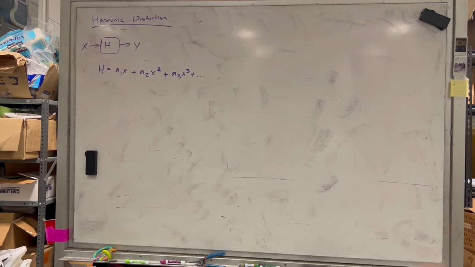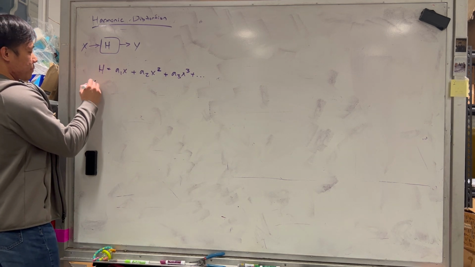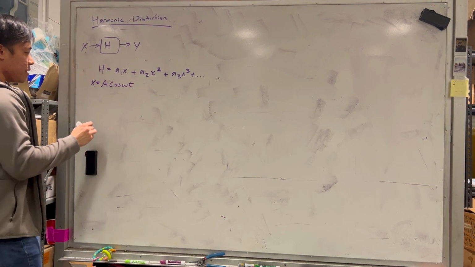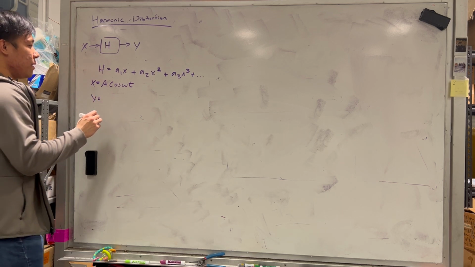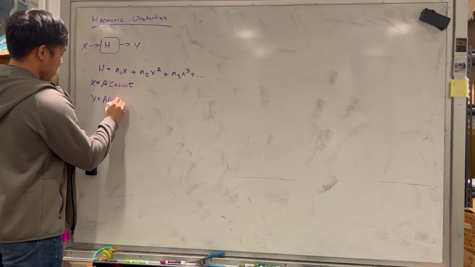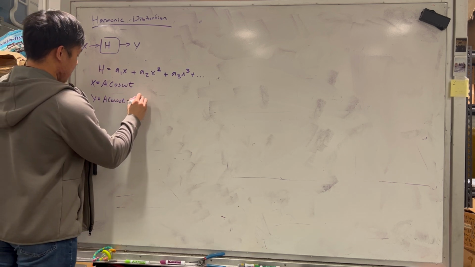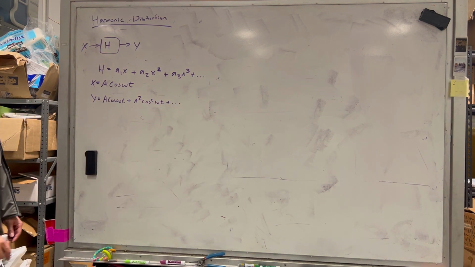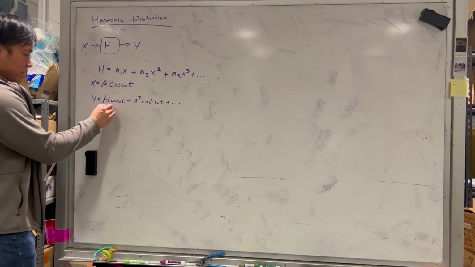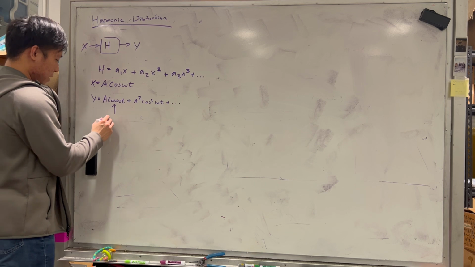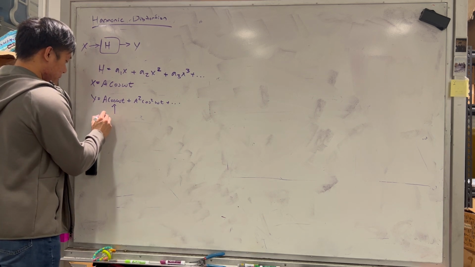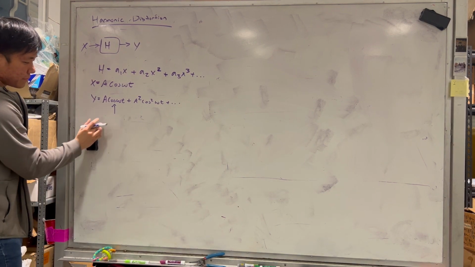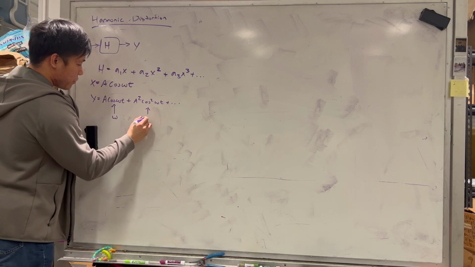Now, if we let the signal in be some A cosine omega t, then we know that Y you would get A cosine omega t plus A squared cosine squared omega t plus so on. Since omega equals 2 pi f, there's going to be some frequency at omega here, and some frequency at 2 omega.